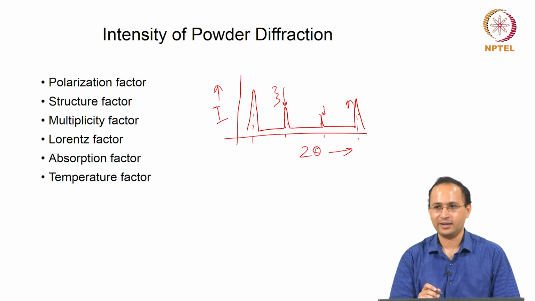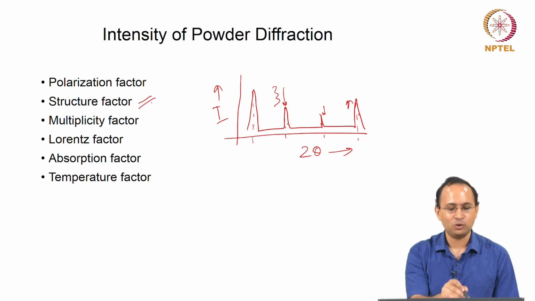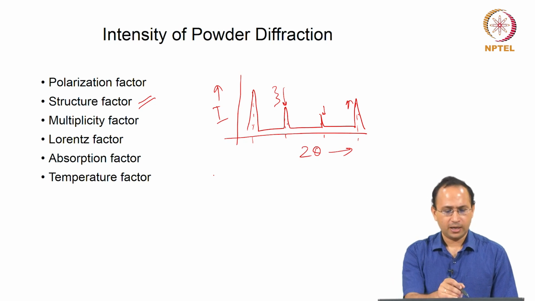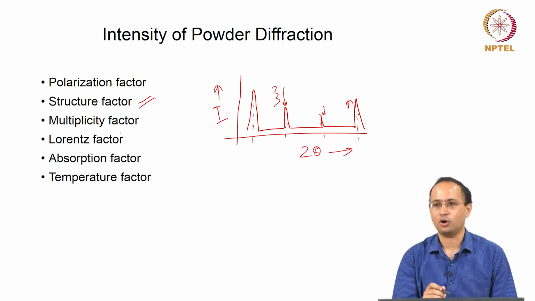To understand that, we talked about various factors which we have to take into account. For example, the polarization factor and the structure factor. We looked into the structure factor F, which you calculated for different unit cells. We also talked about Lorentz, which is usually combined with polarization, called the Lorentz polarization factor.